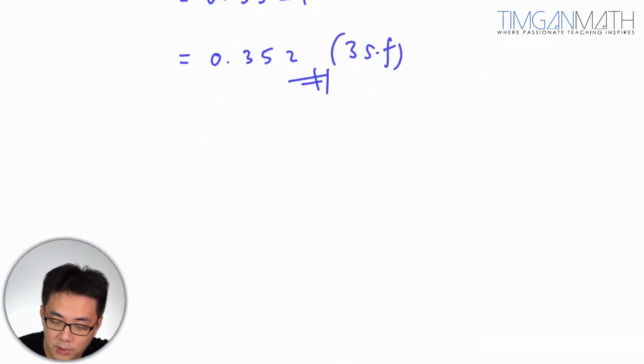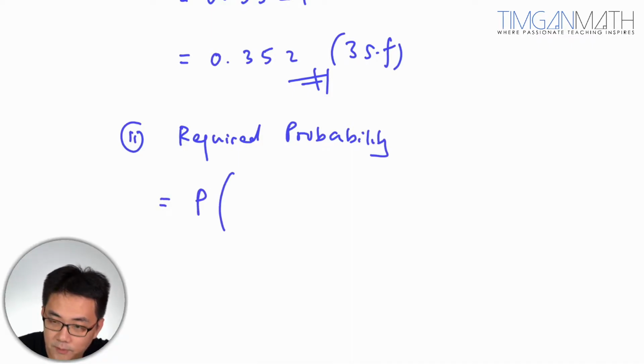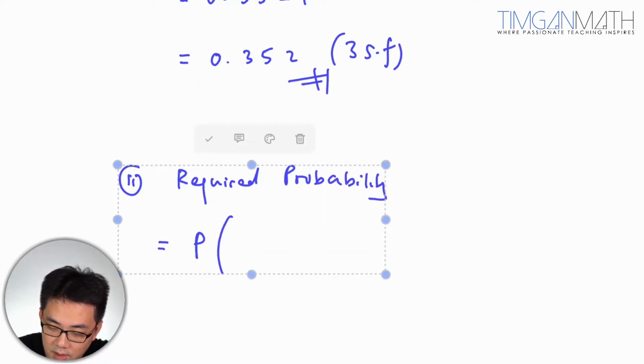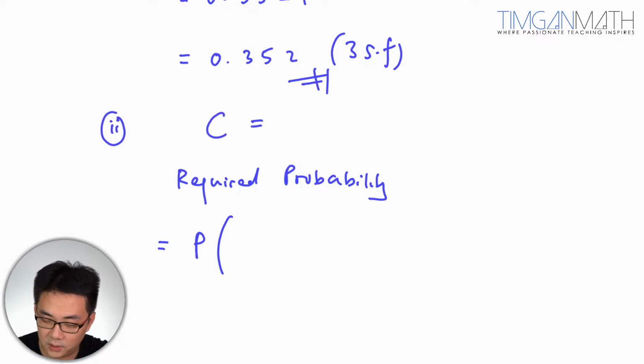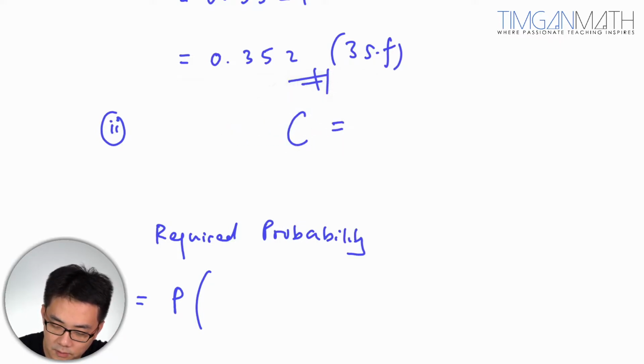So the required probability for part 2 is actually the probability of, maybe I just write this down. I think I just write this as the total cost. So C is equal to the total cost.